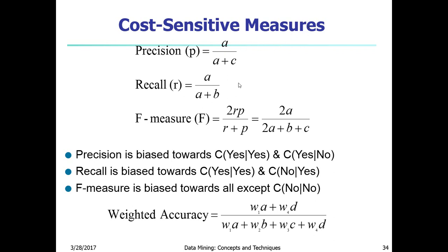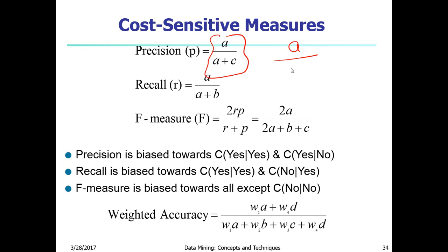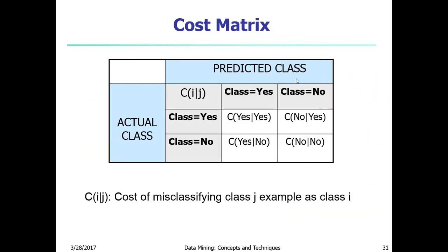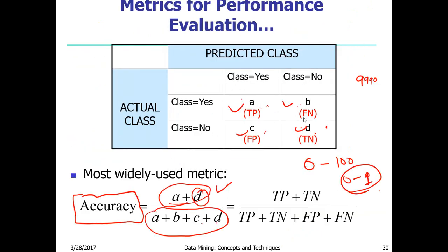There are other measures known as cost sensitive measures. There is precision, which is calculated by A by A plus C. A is your true positives, and if you go back to the confusion matrix, A, B, C, D, that's right.